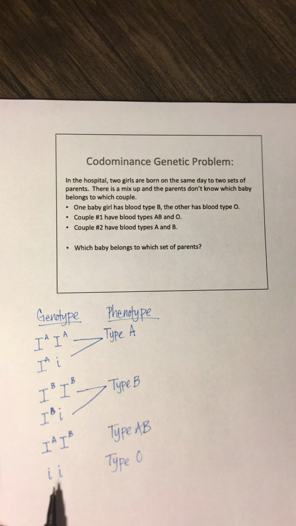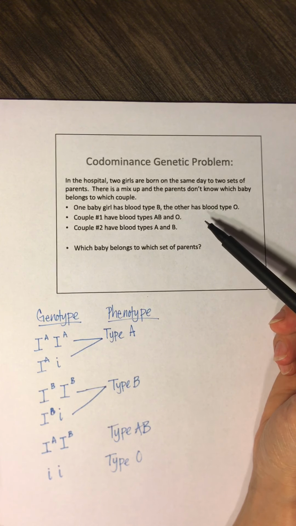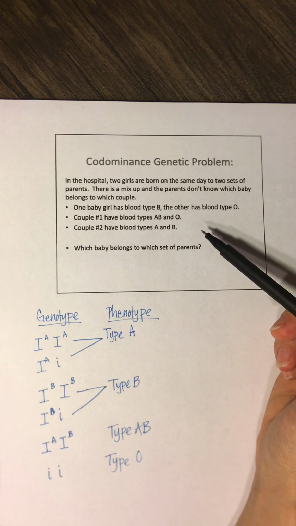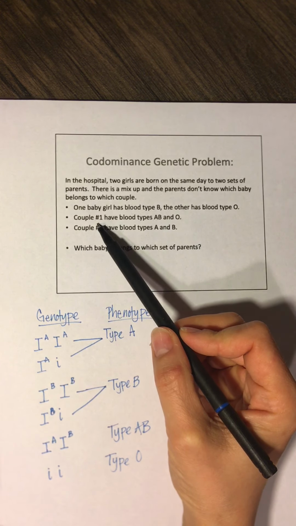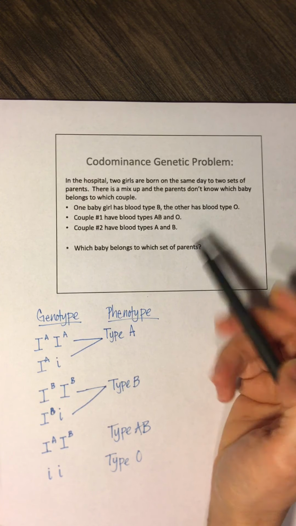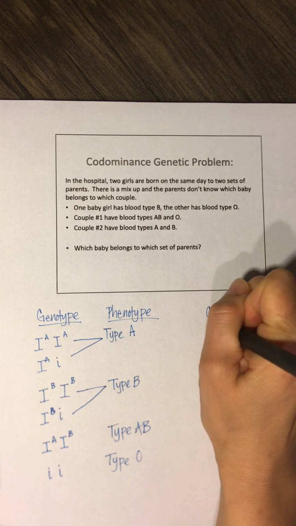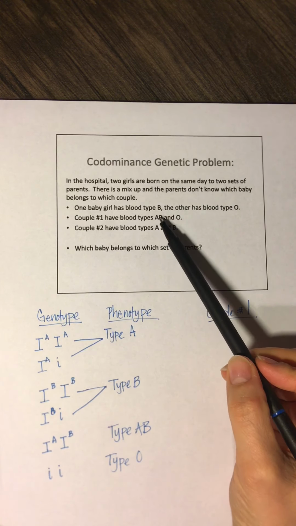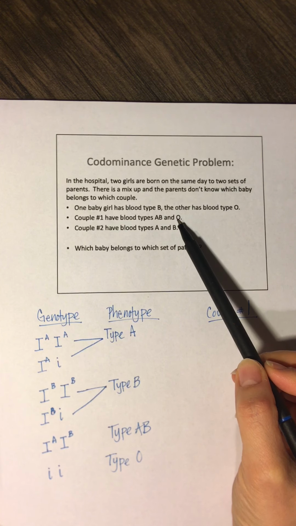So now that we have the genotypes and corresponding phenotypes, we can go back to the story problem. So this particular story problem is looking at 2 sets of parents. The first set has blood types AB and blood type O. So let's look at couple number 1. Their phenotype is one person is type AB and the other person has type O blood.